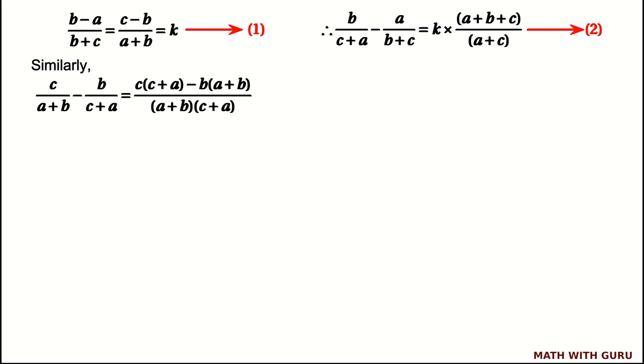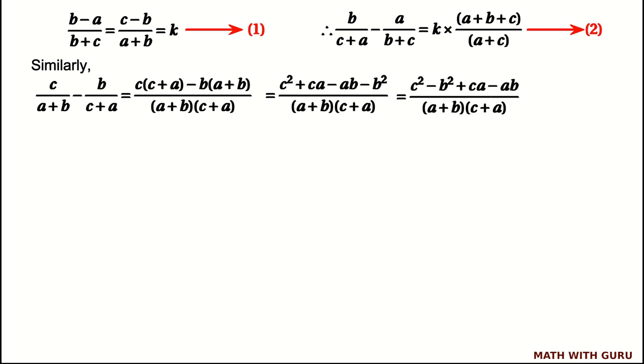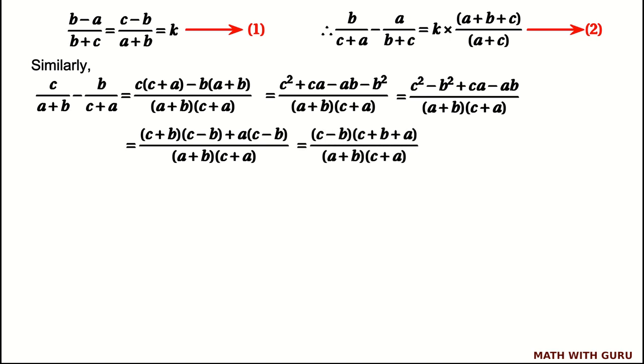I am not going into detail here. c squared plus ca minus ab minus b squared over a plus b into c plus a. c squared minus b squared plus ca minus ab over a plus b into c plus a. c plus b into c minus b plus a into c minus b by a plus b into c plus a. c minus b is the common factor into c plus b plus a whole divided by a plus b into c plus a.